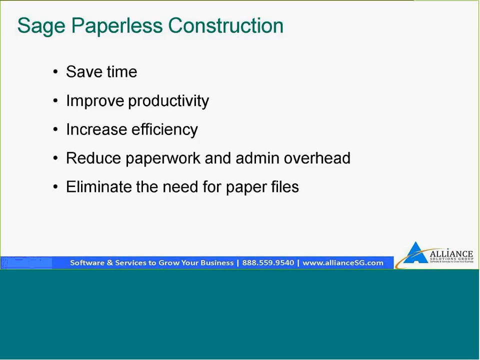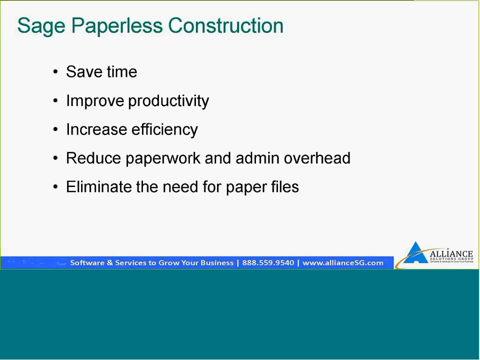So, what are the benefits of Sage Paperless Construction? Well, first off, it saves time by eliminating the paper chase and wasted effort looking for lost or misplaced files. It improves productivity by providing easier access to company and project-related documents. Efficiency is increased across your organization due to the automation of document distribution and a true invoice approval process.